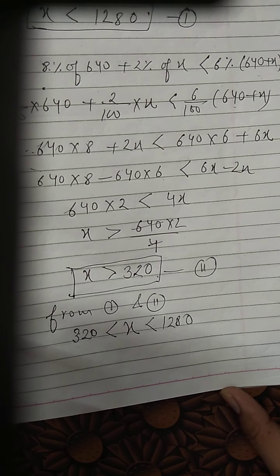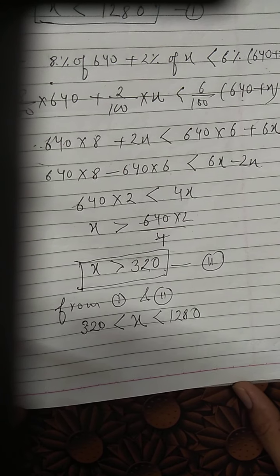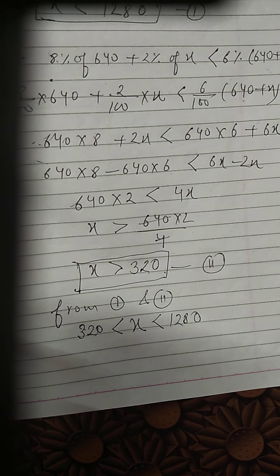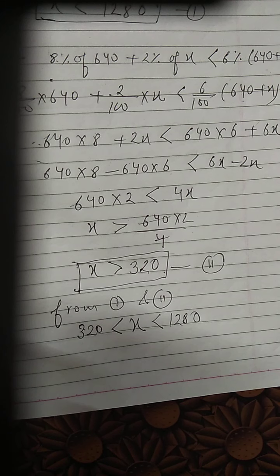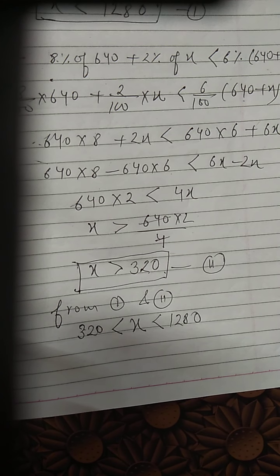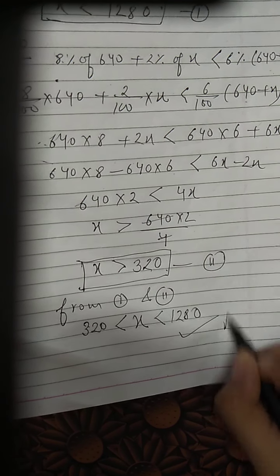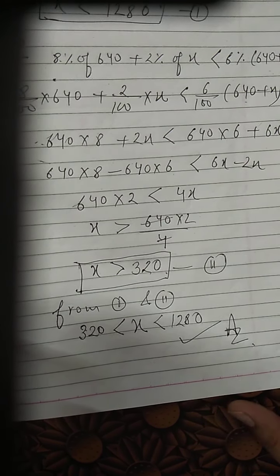That conclusion you people must write in words, that the 2% boric acid solution to be added in the mixture must be more than 320 liters but less than 1280 liters. That's it. So this will be our solution.